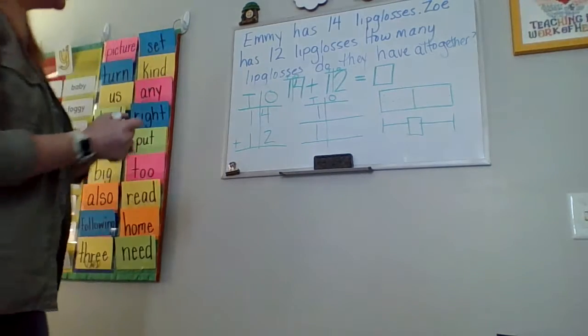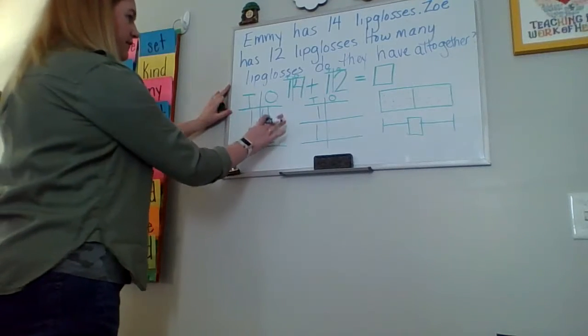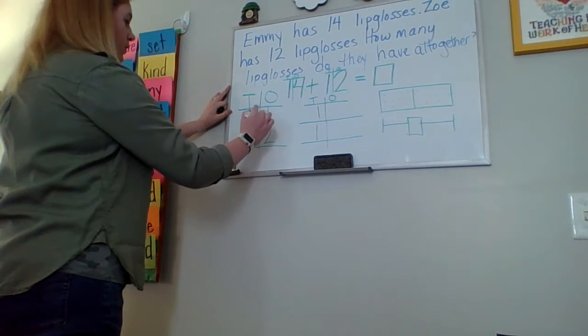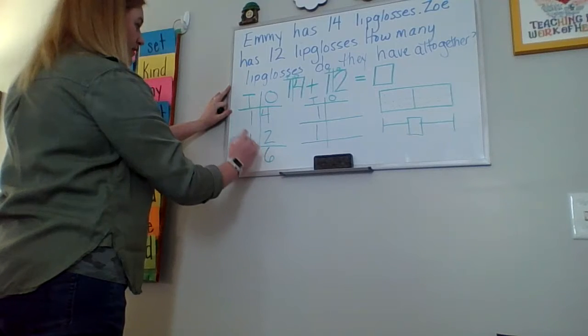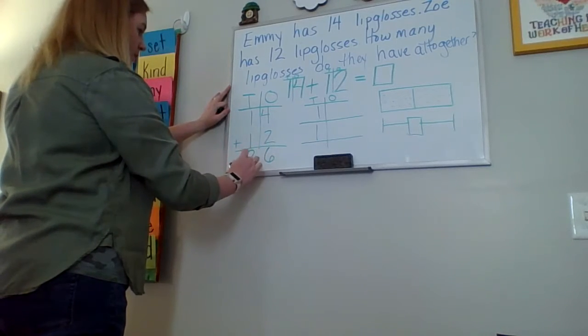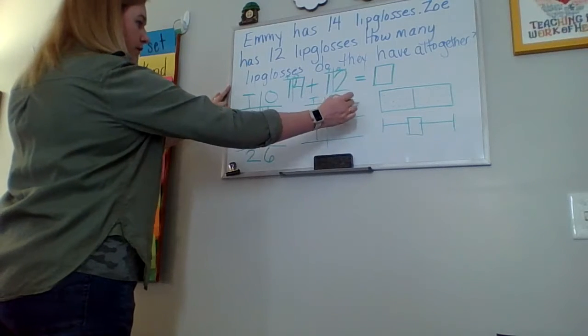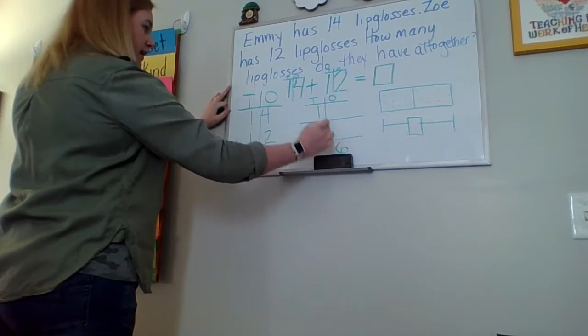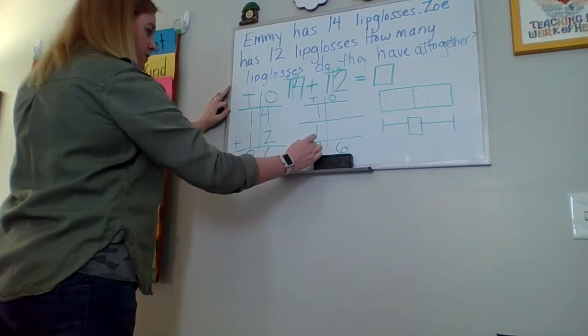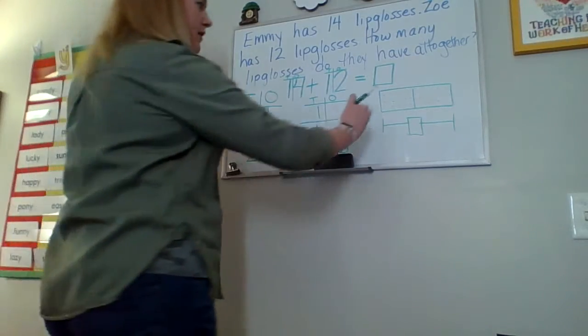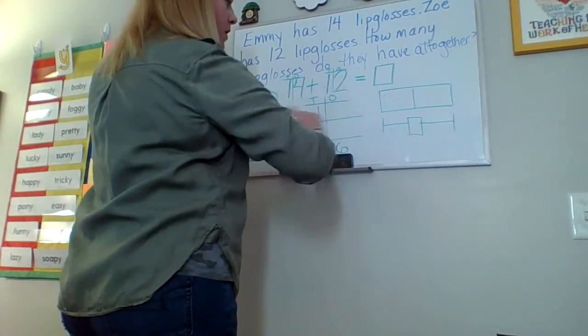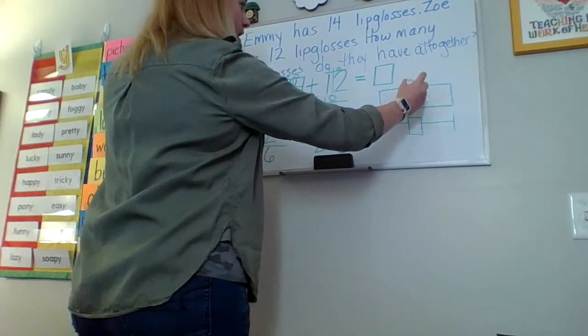Alrighty. Now, if I would solve this with tens and ones, 4 plus 2 equals 6. 1 plus 1 equals 2. If I counted my ones, 1, 2, 3, 4, 5, 6. Counted my tens, 1, 2. I could have also added all of my part whole. Put 14 in my head, count on.